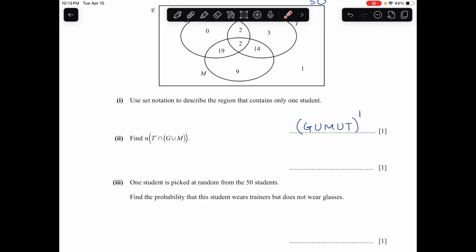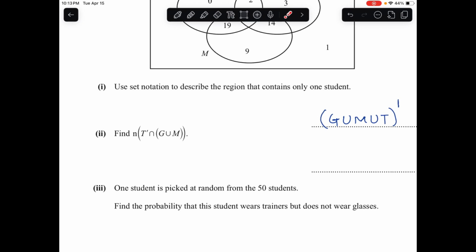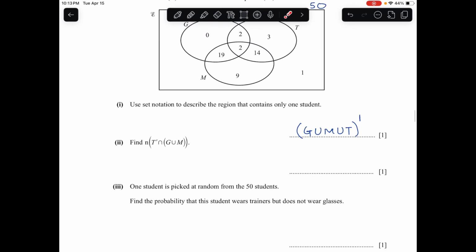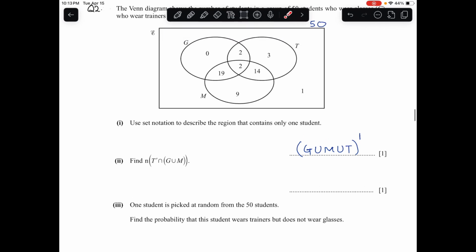Now we need to find the number of elements of T prime, meaning not T, intersecting with G union M. So let's see what we have in G union M. This entire part represents G union M. So I need G union M that intersects with not T. Not T means you leave the T. So we are interested in this part here and this one.